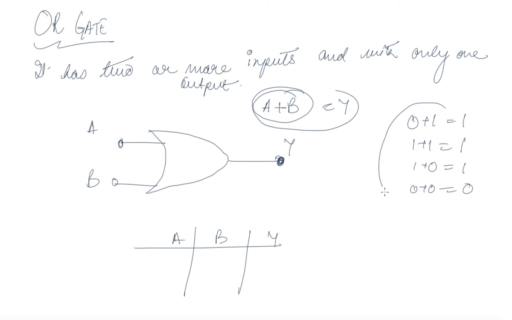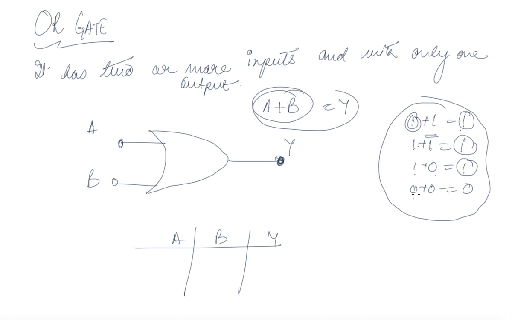So this is the basic definition of the logic that you can use. If there is a positive voltage at an input, your output will be a positive voltage. If there are two positive voltages over here, your output will also be a positive voltage. If one voltage is present and the other is absent, you will still have a positive voltage.